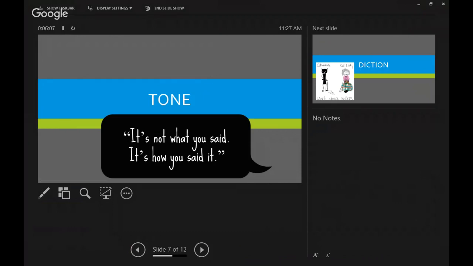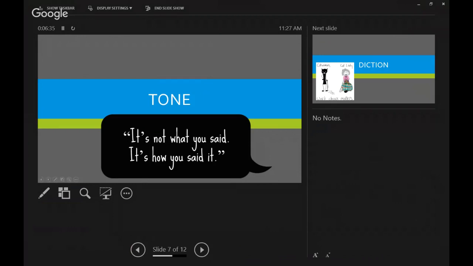Diction can come in when we're talking about tone, the words, but it's usually in how those words are written or stated. The tone can be stated. An author could state their feelings outright, or more often it can be implied. So you have to look at how those words and sentences are structured in order to figure out how they feel about it.